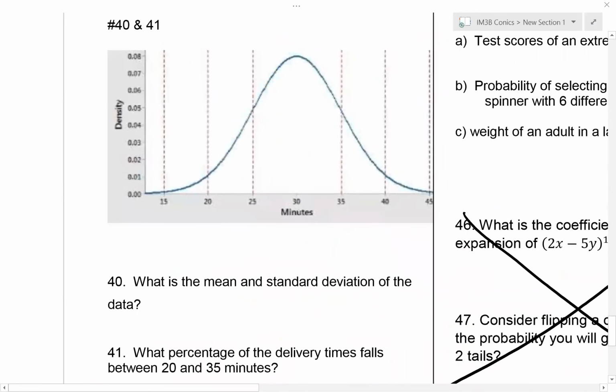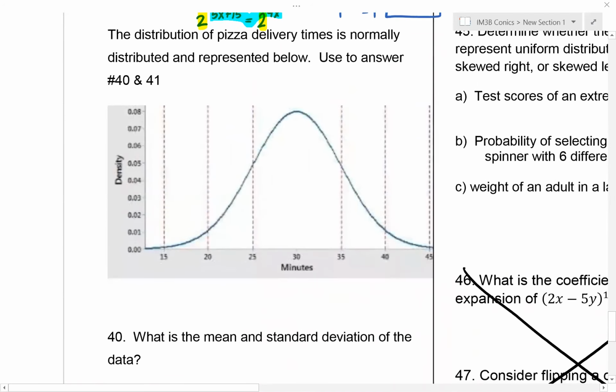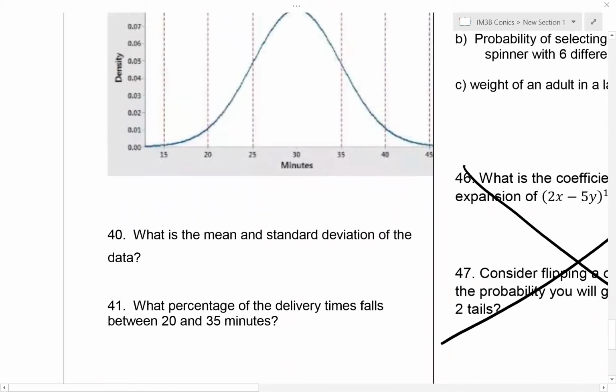Okay, so then for numbers 40 and 41, we're using this distribution of pizza delivery times. And so the first question, 40, is just asking us essentially if we know what different things mean within the graph. And so the mean of a normal distribution curve is always the middle number. So the mean of this is 30 minutes.